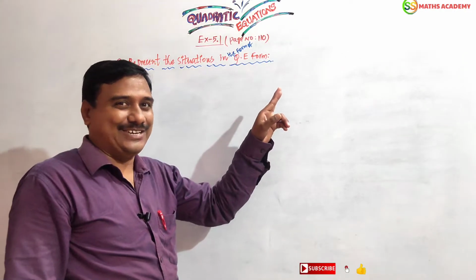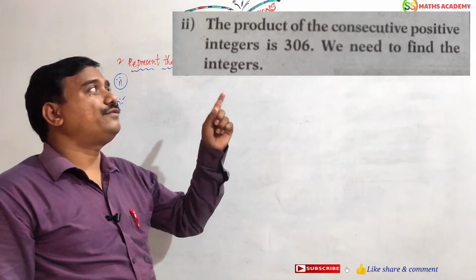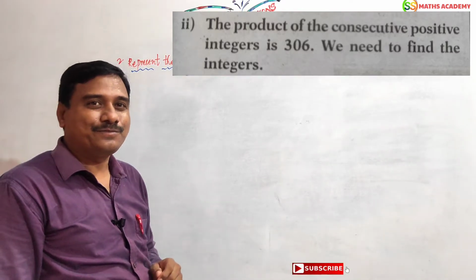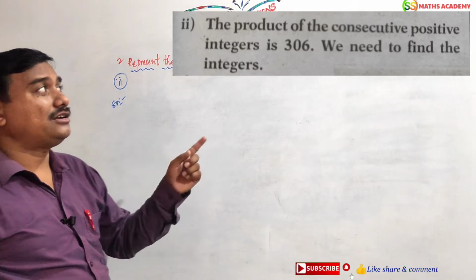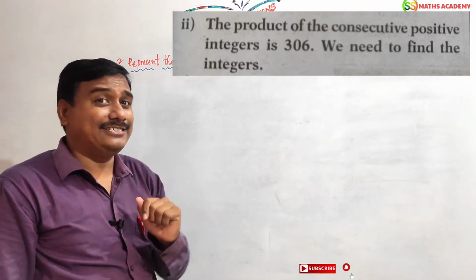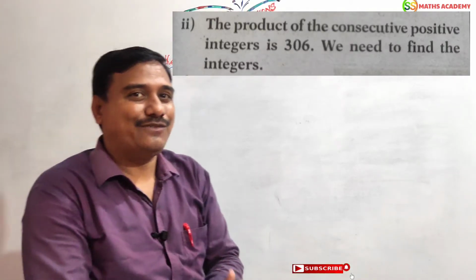See the question, friends. Second question. The product of two consecutive positive odd integers is 306. Find the integers. What is the question? The product of two consecutive positive odd integers is 306. Consecutive means, in this question, what is the meaning of consecutive?